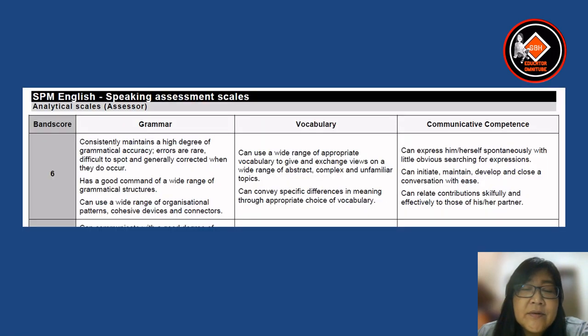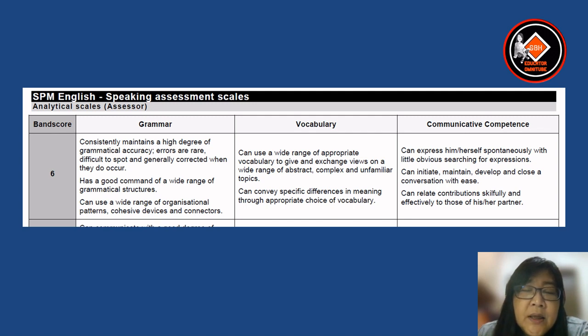Dear students, now let's look at the marks given by the assessor. So how to get the score of 6? For grammar, you consistently maintain a high degree of grammatical accuracy. Errors are rare, so you don't make grammatical errors, or they are difficult to spot and generally corrected when they do occur.